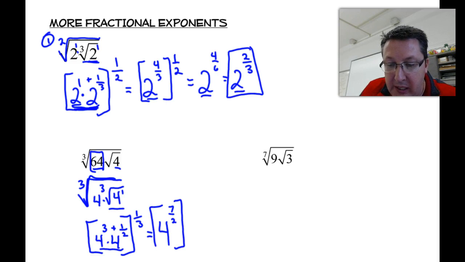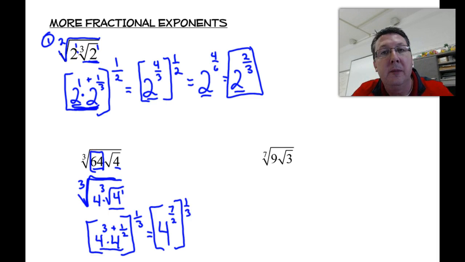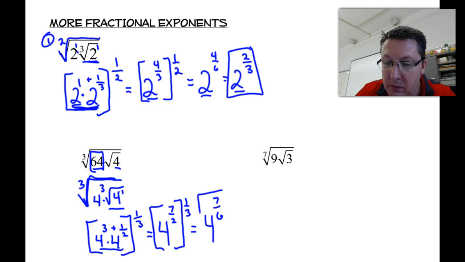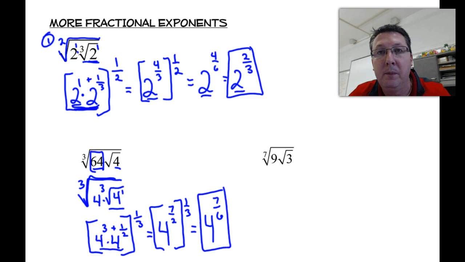Again, that base number stays 4, and then that is to the power of 1/3 still, that outside power. Now we're down to a power. We multiply those exponents. My base number is still 4. When I multiply those exponents, that gives me 7/6. Try to reduce that. It does not reduce, so that is my final answer.